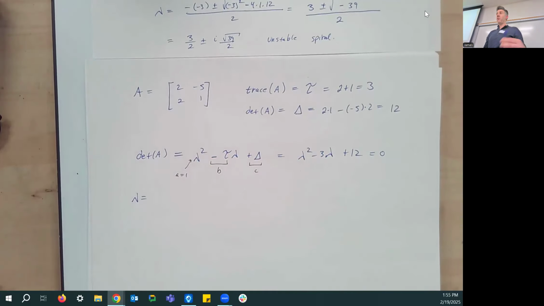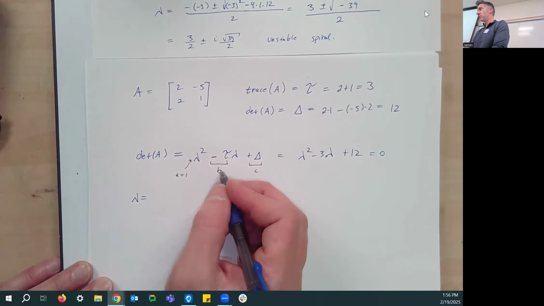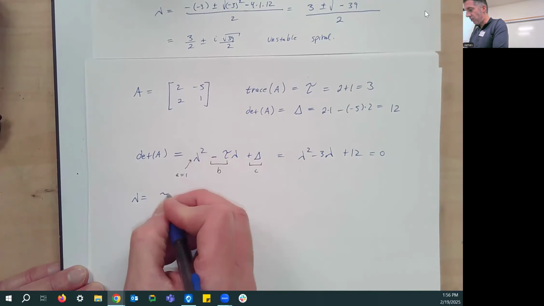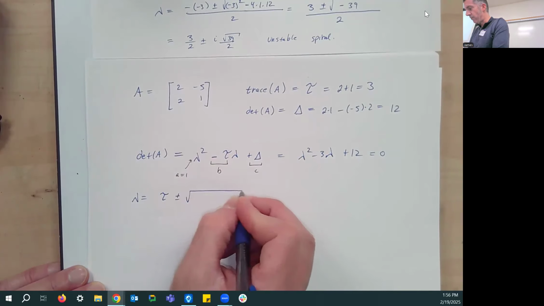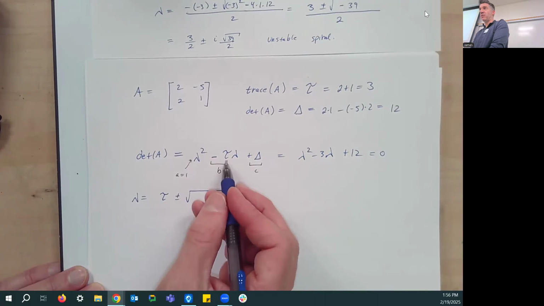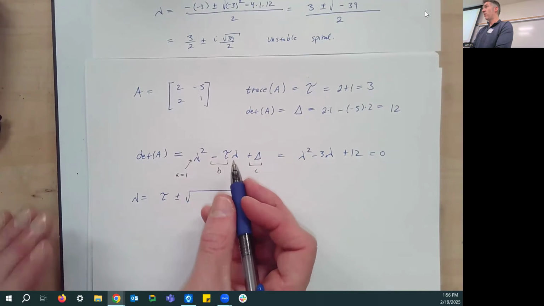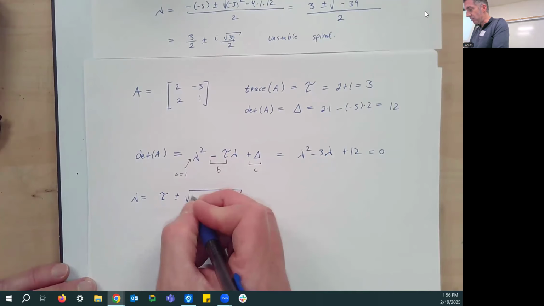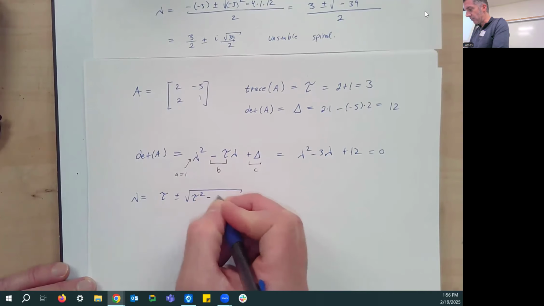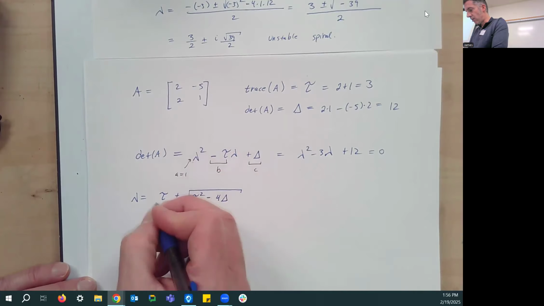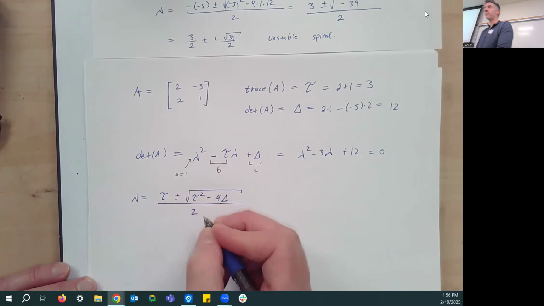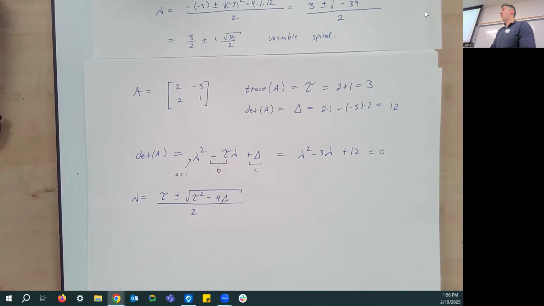So using the quadratic formula in this general way, we get that lambda is equal to -b, which is tau, the trace, plus or minus the square root of b squared, which is negative tau squared. I'm going to ignore the negative there because if you square a negative, it still turns out positive. So it's tau squared minus 4 times the determinant times 1, all over 2. So here's what matters.